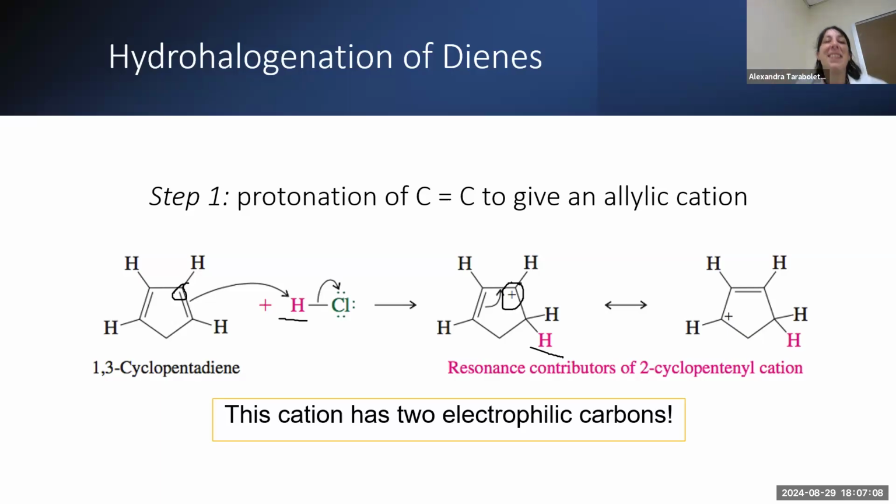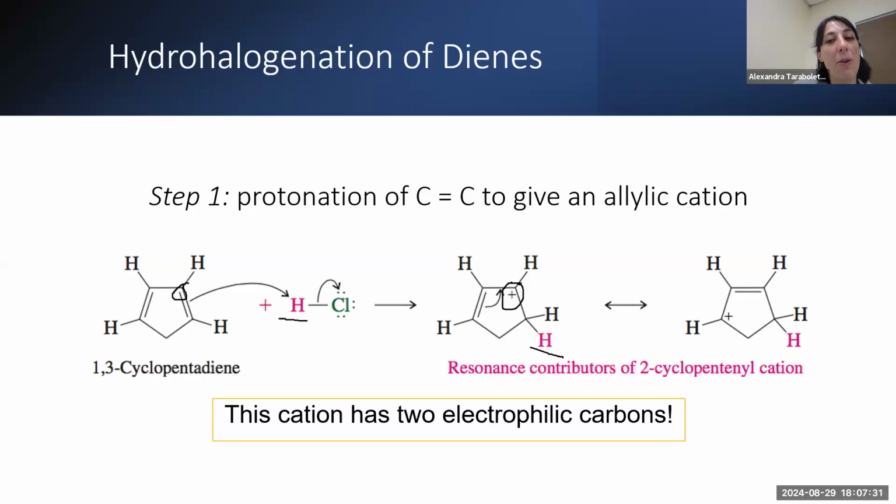Resonance. So this can resonate during the process of the reaction. During this addition reaction, there is a cation that is generated next to a double bond, and if that happens, you can have resonance because this is an allylic system.